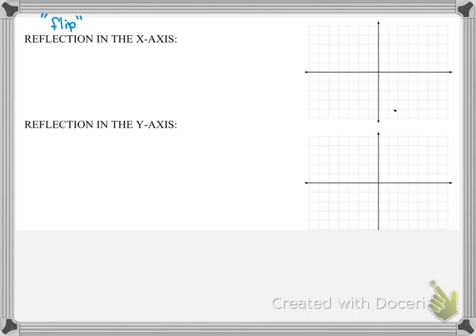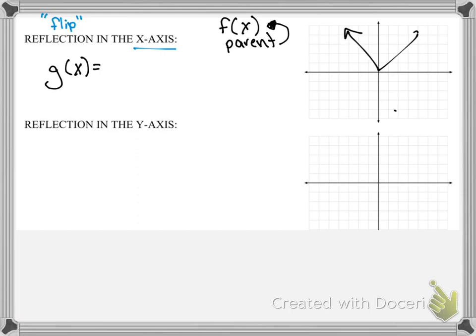If you flip over the x-axis, my original function is just f of x. So there's my original, aka my parent function right there. If my parent is f of x, for reflection in the x-axis, its child, if I want to flip it over, so here's my parent, we'll just say it's this random function, which of course we know is an absolute value function.